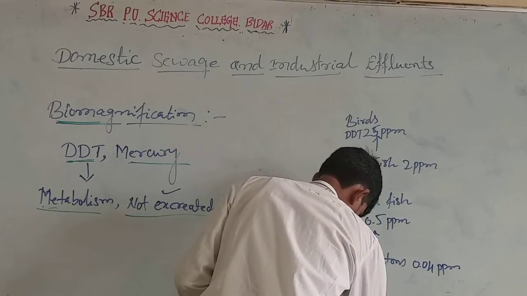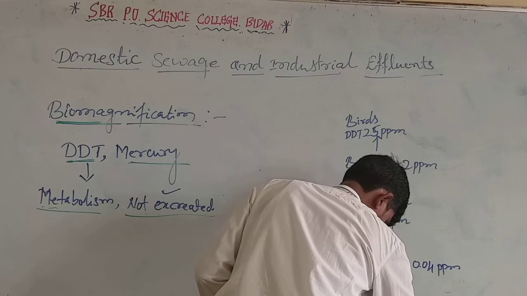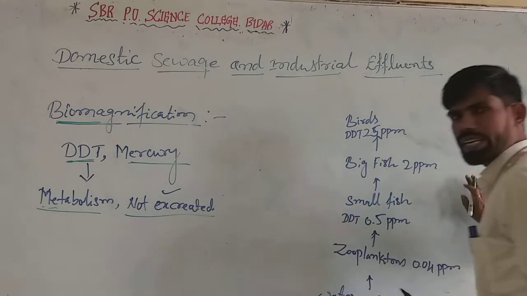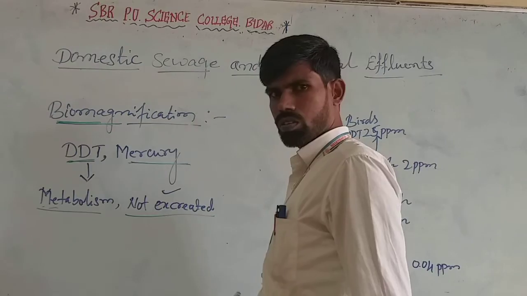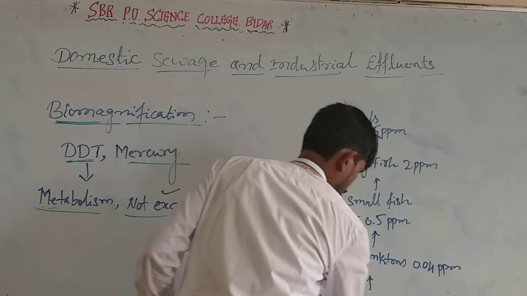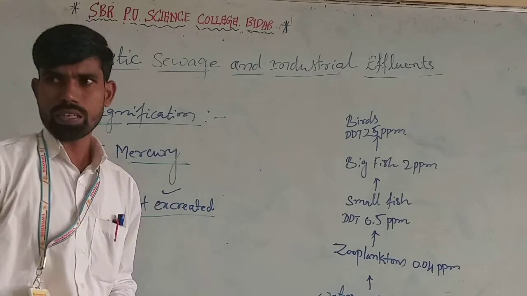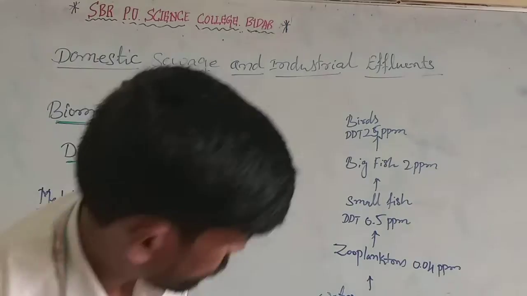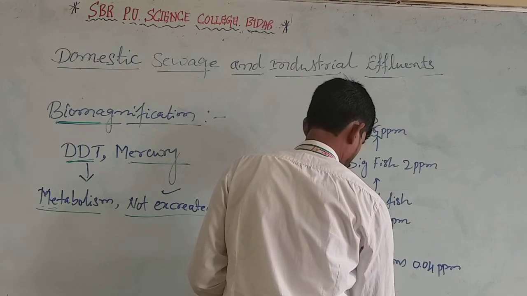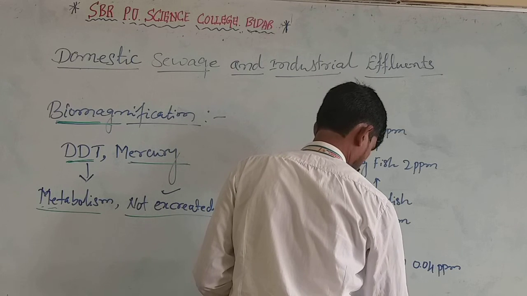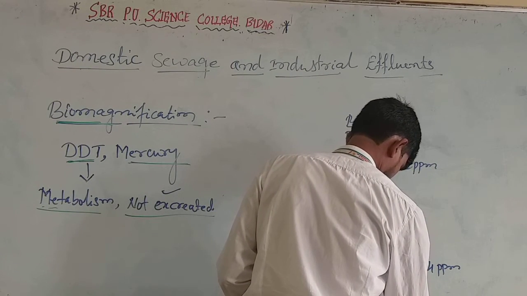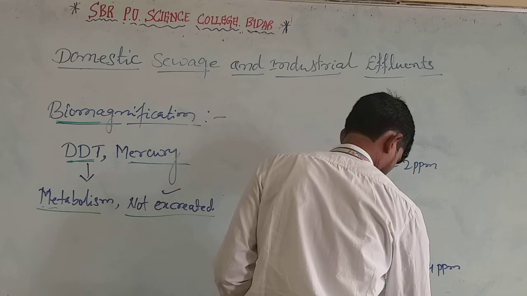Take the example of a lake or a river. DDT is not visible. In water it is 0.003 ppb.